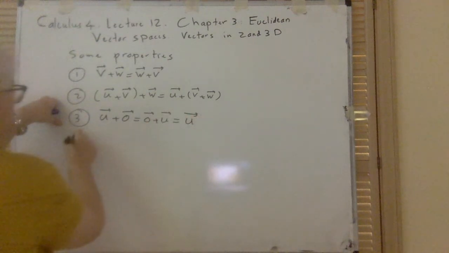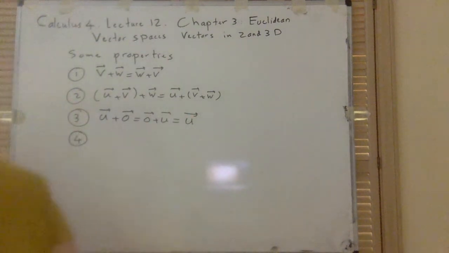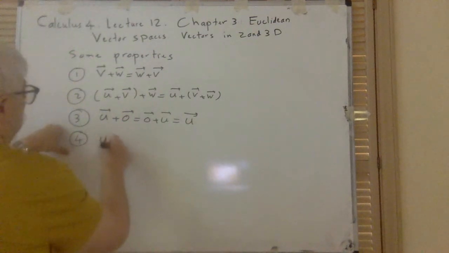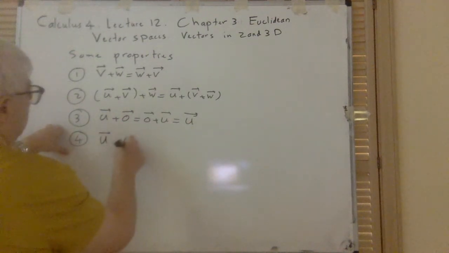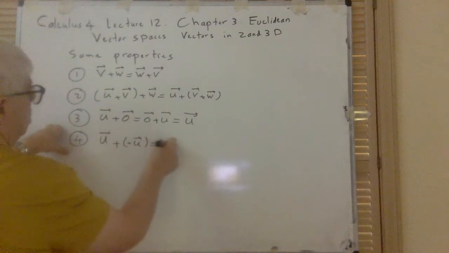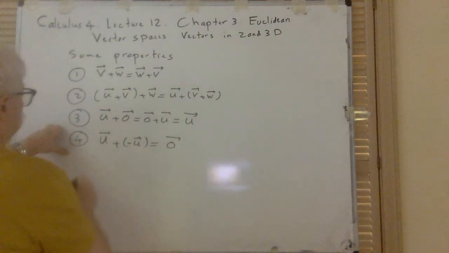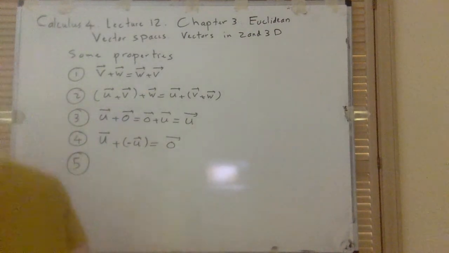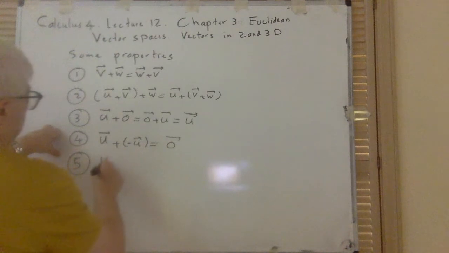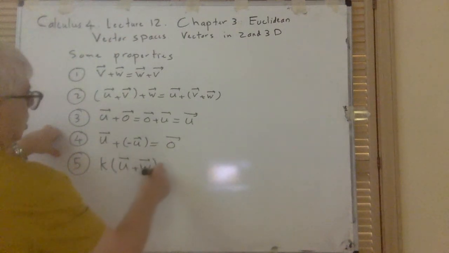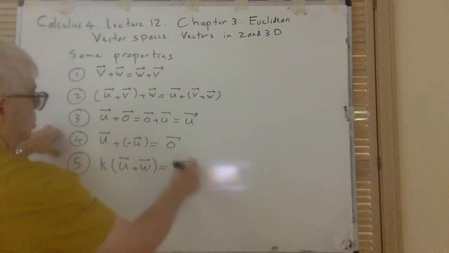0 doesn't change anything here. And then u plus minus u gives me 0, which I told you. And number 5 is that scalar multiplication distributes, so it is k(u plus v) equals ku plus kv.